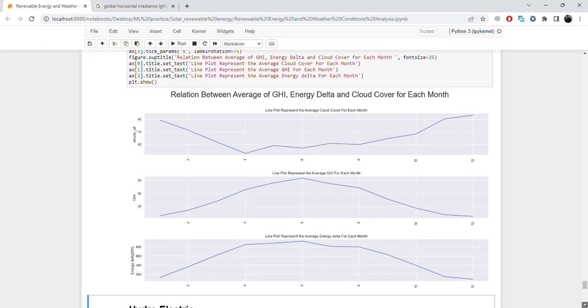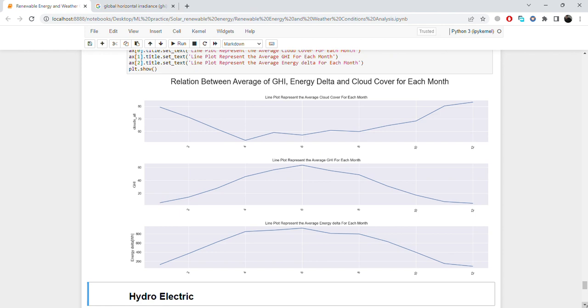From the analysis we can say that yes, solar energy is one of the best options for renewable energy production, because when we need more energy, the GHI is more, the snow coverage is very less or null, the snowfall is very less, and the cloud coverage is very low. These are all good signs for the production of solar energy.